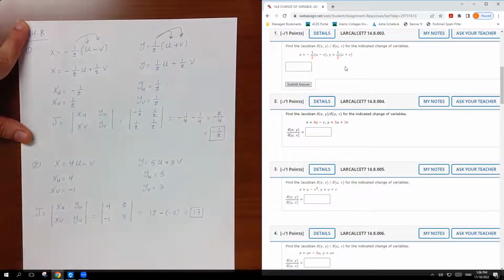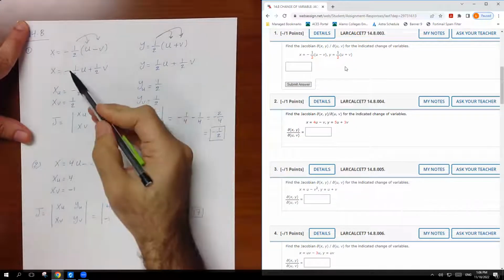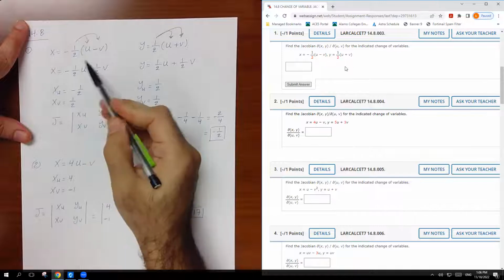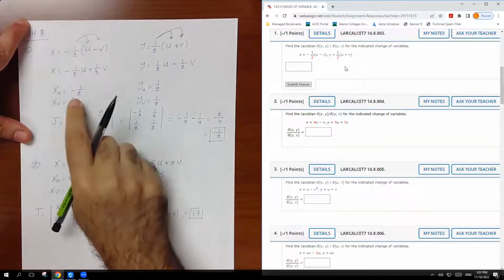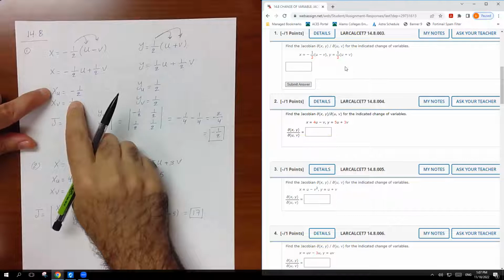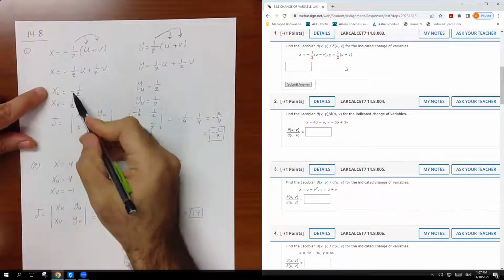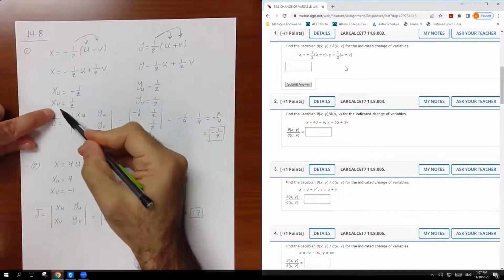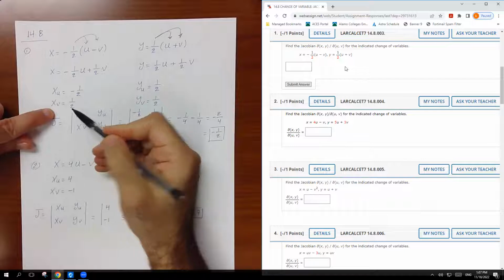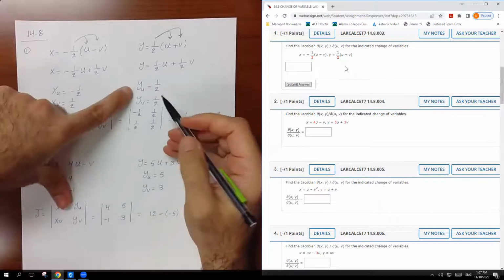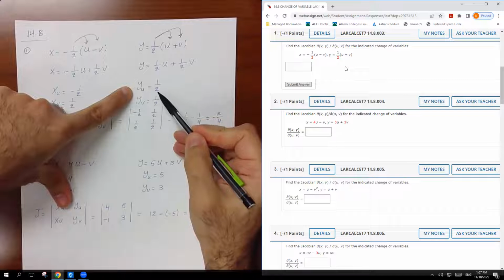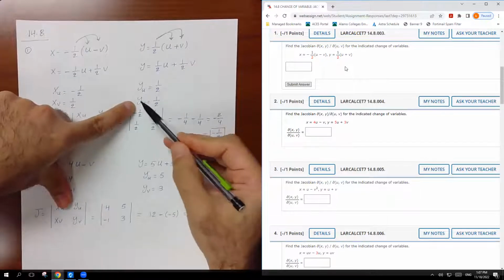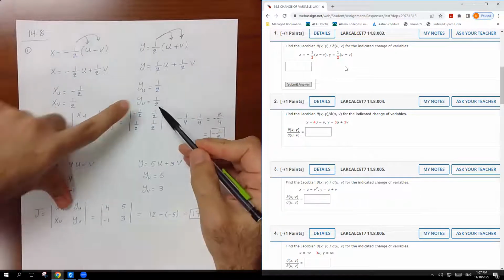When you distribute, the negative sign gives -1/2 u plus 1/2 v. Then we find the derivatives: x with respect to u is -1/2, x with respect to v is 1/2, y with respect to u is 1/2, and y with respect to v is 1/2.